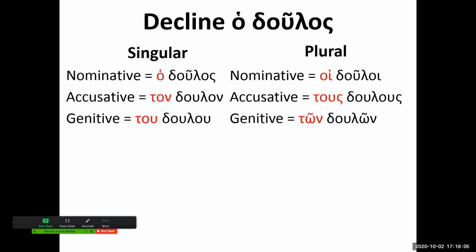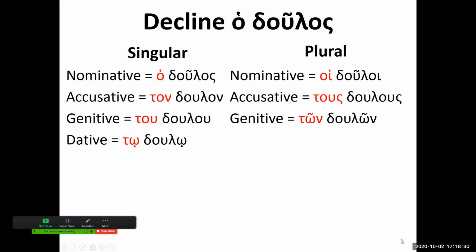And by the way, the genitive plural will never change. In every gender, in every declension, tōn doulōn, omega nu. That's nice that we have one that never changes, that we will always recognize as being genitive plural.